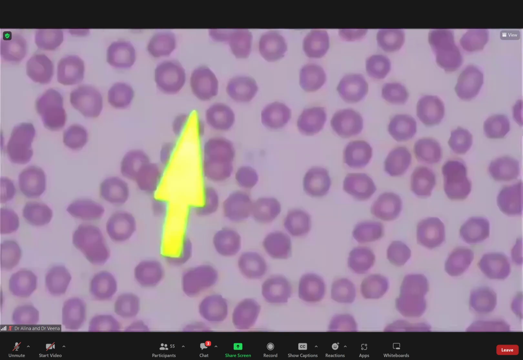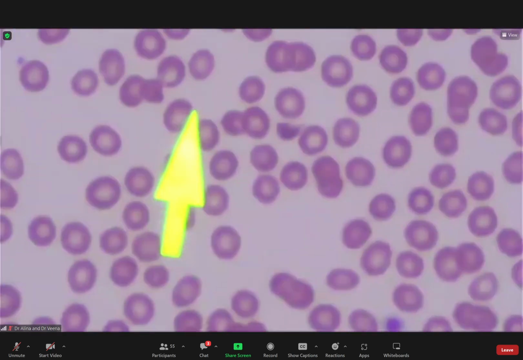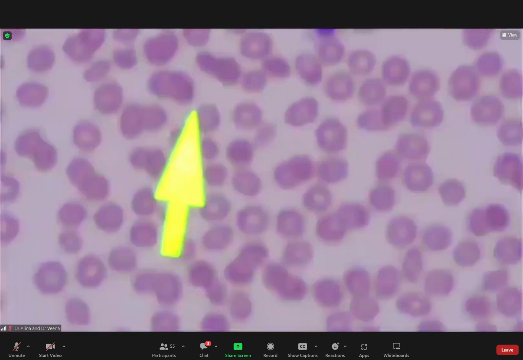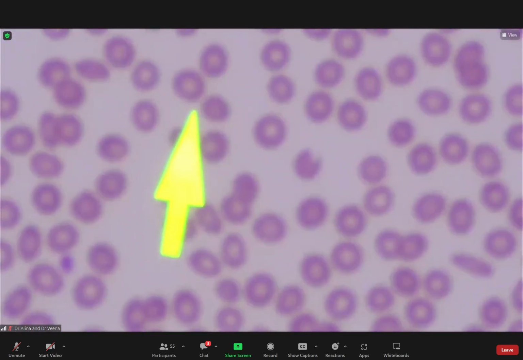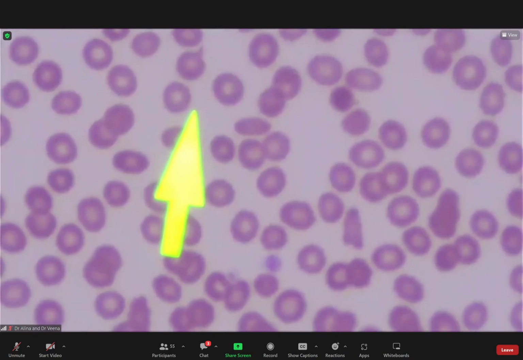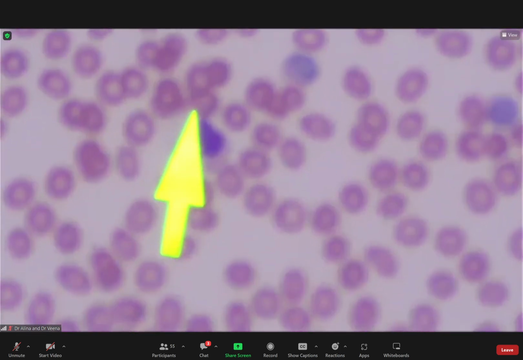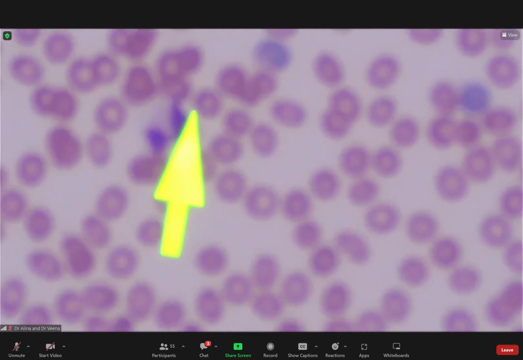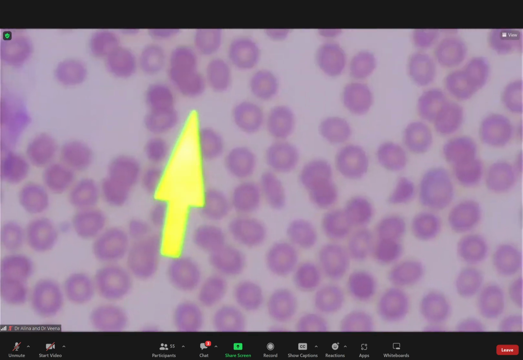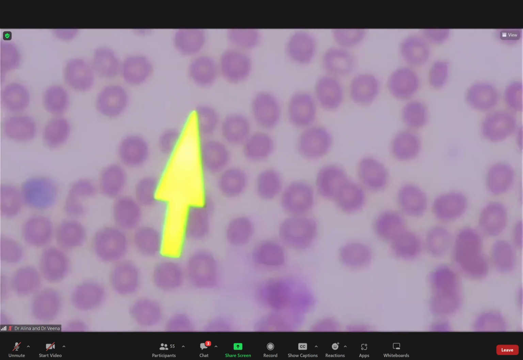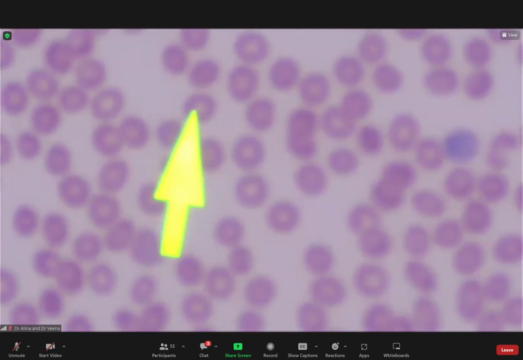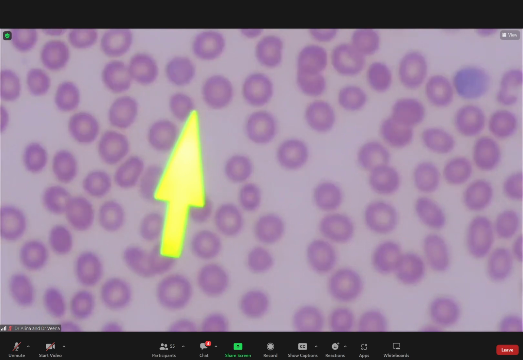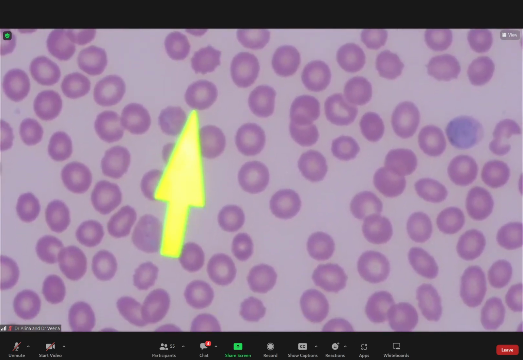I'm trying to look for an earlier form, but I can't seem to find it. You see?